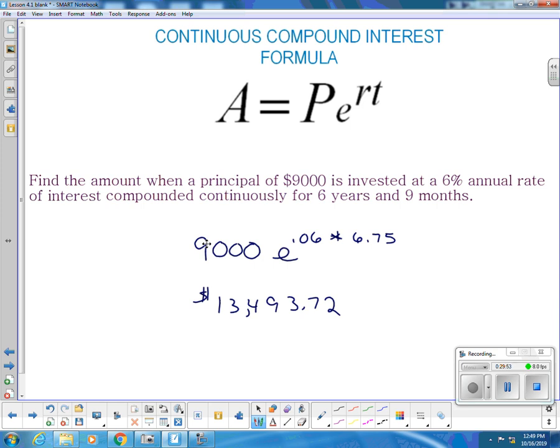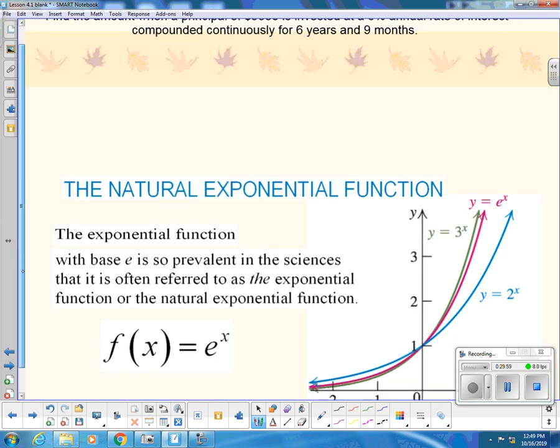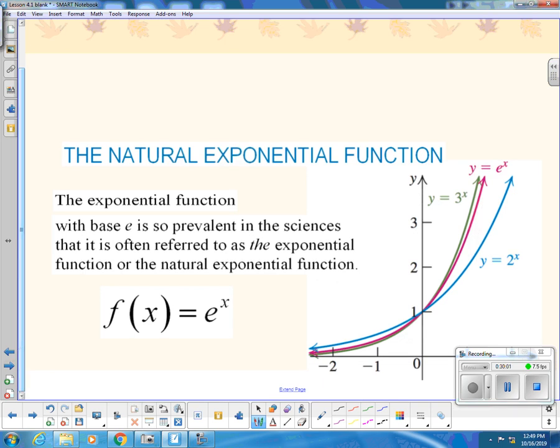Continuous, PERT. We already did that one. This is just a natural exponential function. It's the same thing. It's a growth exponential function. 2.71 is bigger than 1, so it's the same function. They normally call this the parent function for exponentials.